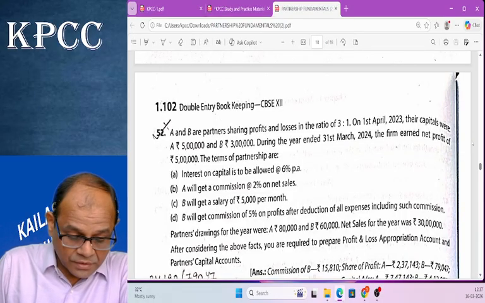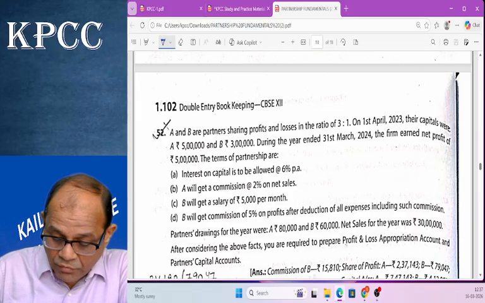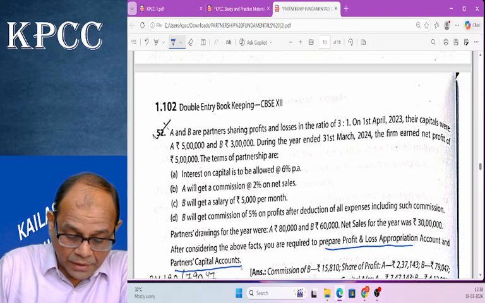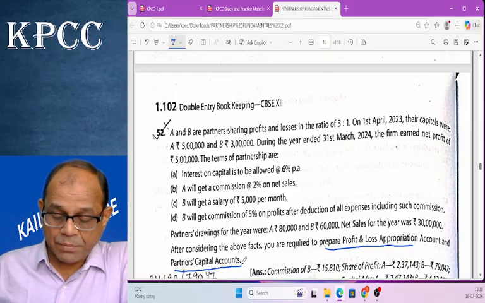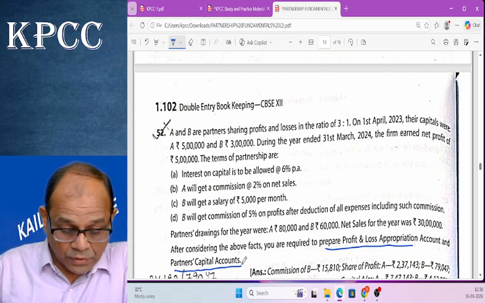If you look at the last line, after considering the above facts, you are required to prepare profit and loss appropriation account and partners' capital accounts. So these are the two things I told you. This chapter basically has these two main concepts. So we will do this.